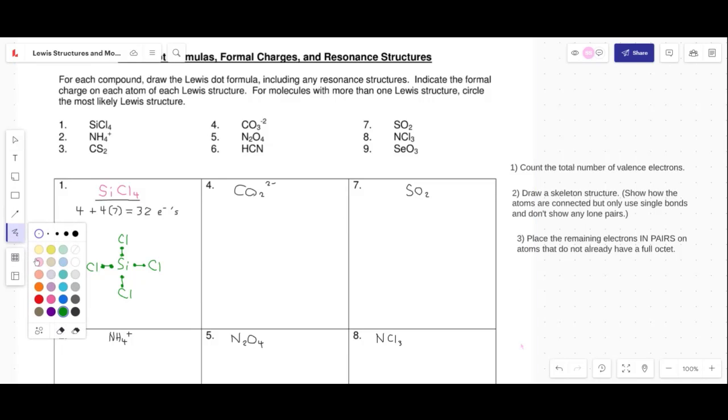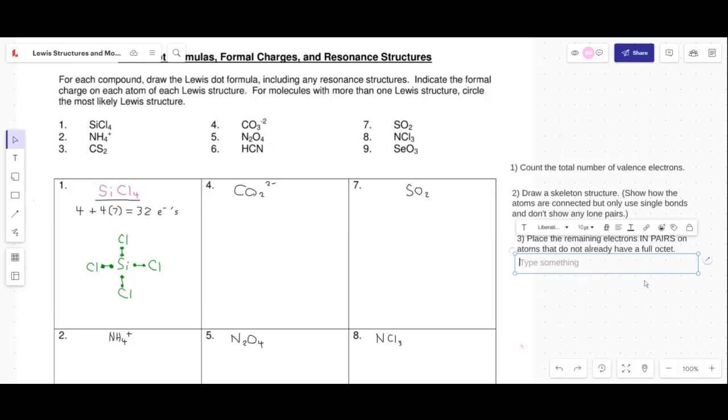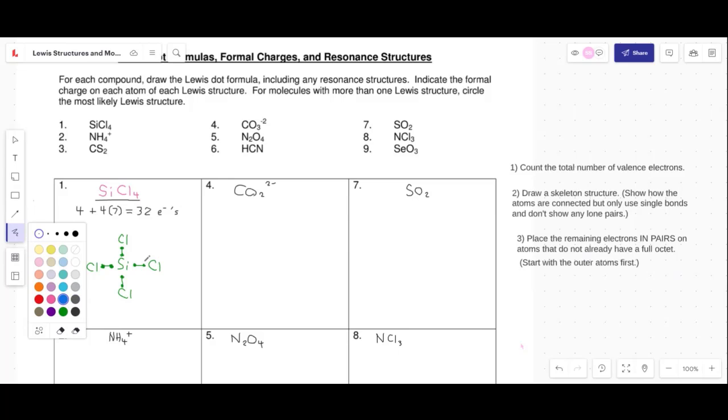And I should emphasize also, I didn't mention this, start with the outer atoms first. Share with the neighbors, as they say. So start with the outer atoms first.